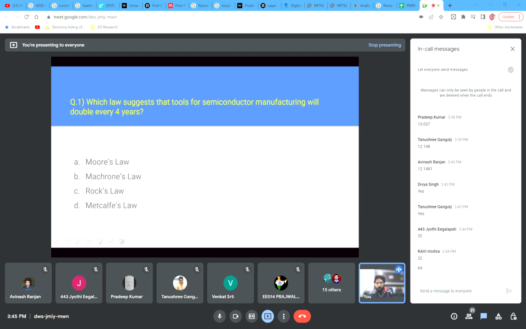I hope the introduction part was already well taught by the professor. I have some questions, not many, for you guys. We already solved some during the slides. Which of these laws suggests that the cost of tools for semiconductor manufacturing will double every 4 years? You can type in the chat box.